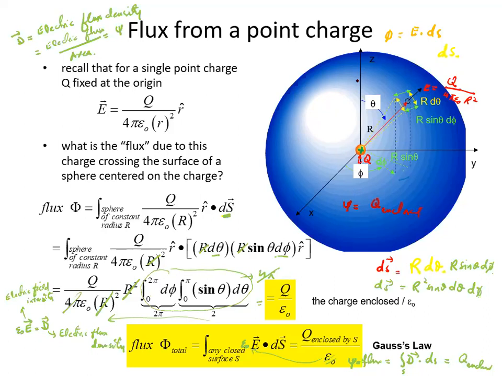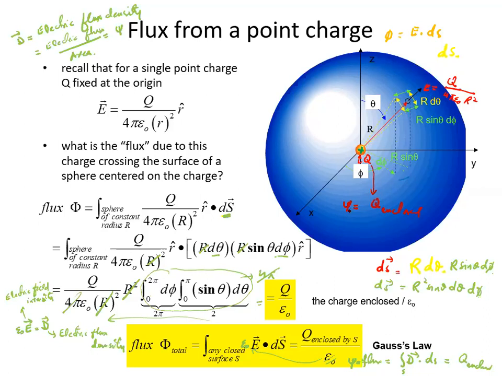So what does it mean? The charge enclosed is inside that surface, inside that football, or that spherical object. That is the charge enclosed. And how much flux is moving out of that surface is the psi.